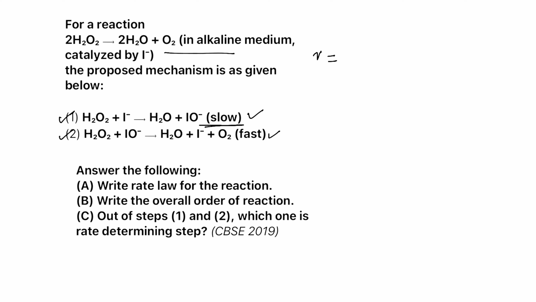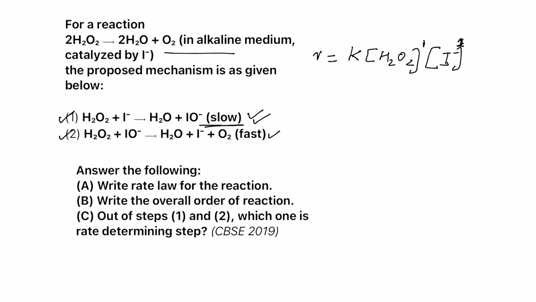For an elementary reaction, you can take the stoichiometric coefficient as power. And you have to write the rate law from the slowest step. So R is equal to K, concentration of H2O2 raised to 1, I minus raised to 1.